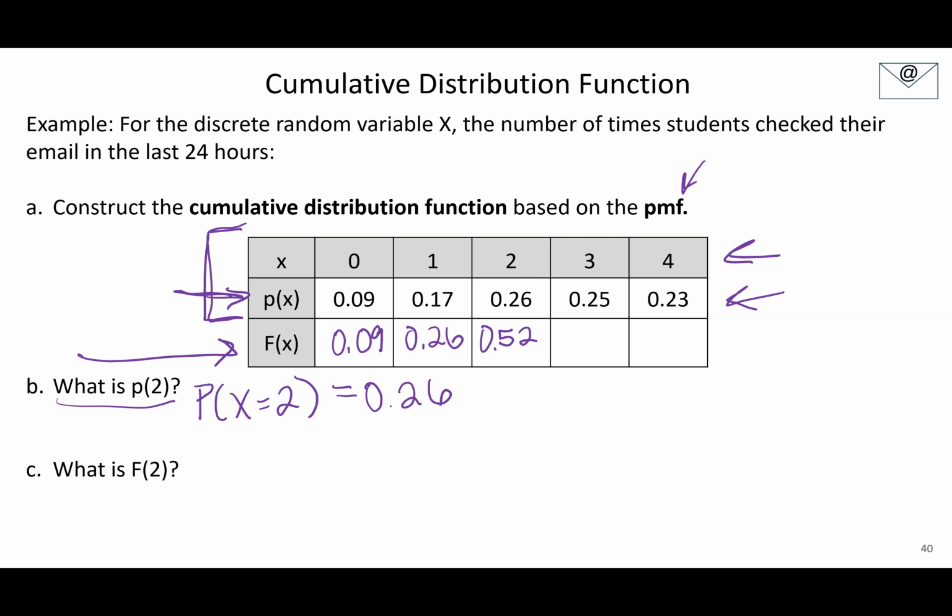And then I can keep going for all of these. I strongly recommend checking and doing the math yourself. Here, I would essentially be adding these 4, so 0.52 plus 0.25 is 0.77. And for that last one, add all 5 of those probabilities. It should equal 1.